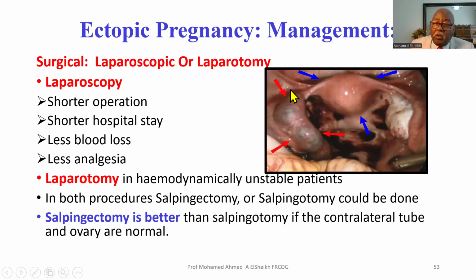So you take the whole tube with the ectopic in it, provided that the other side, tube and ovary, are normal. So in that situation, you do salpingectomy for the ectopic pregnancy.